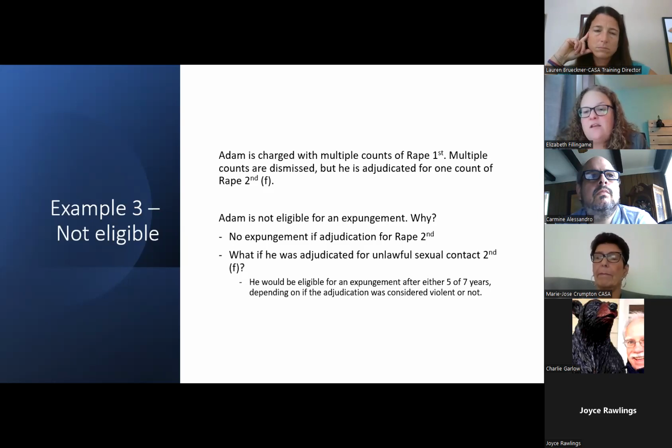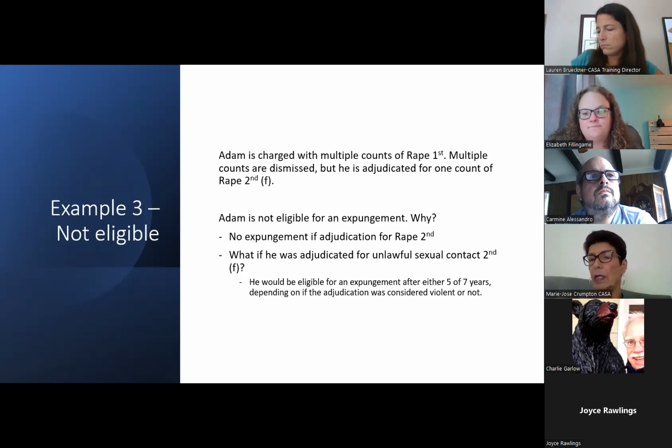Some adjudications, you can come off of the registry after a certain amount of time, and it's automatic. Some you can never come off. So that also means that they have to be registered as a sex offender if they're looking for housing and anything else. Correct. If they're required to register, yes.